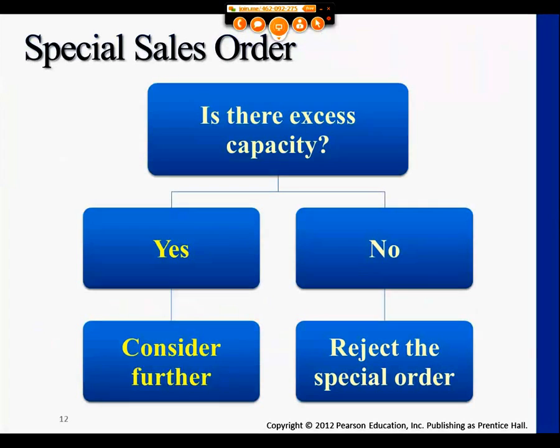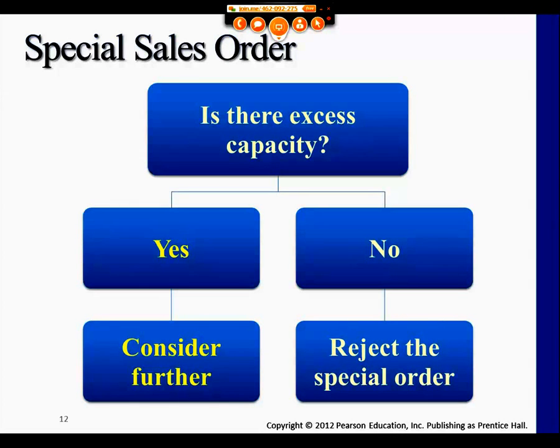So let's look. What's happening? First, our managers are going to consider the capacity. We're going to ask the question, is there excess capacity? And if the company is already making as many units as possible with the existing capacity, then what's going to happen?